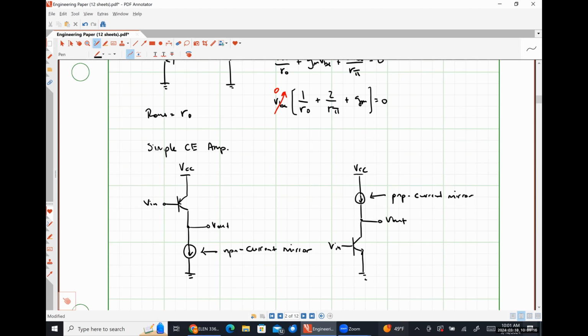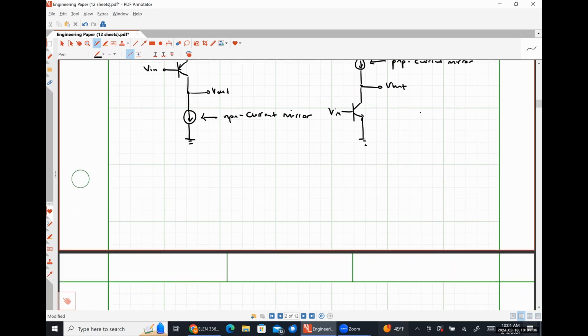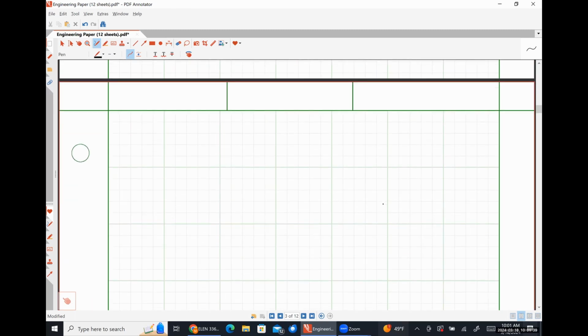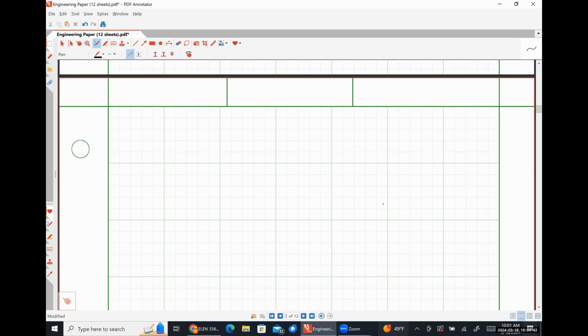The PNP current mirror is always going to be drawing a current out of our supply voltage. Okay. So how do you guys think we might implement something like this? So short answer is it's going to be effectively the current mirror that we just dealt with, but kind of turned upside down. So here's our supply voltage. Here's our Qref.